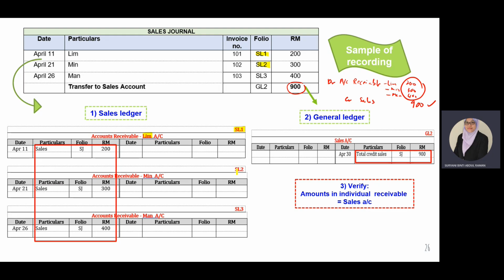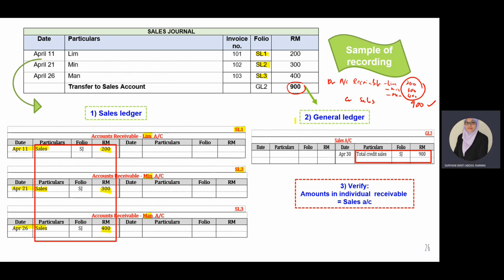Sales ledger 2 is referring to Min account. And sales ledger 3 is referring to Man. So we will transfer this transaction into the sales ledger. In the sales ledger, the accounts receivable need to be debited, so we will debit the amount as follows. Okay, so this is how we record in the sales ledger.